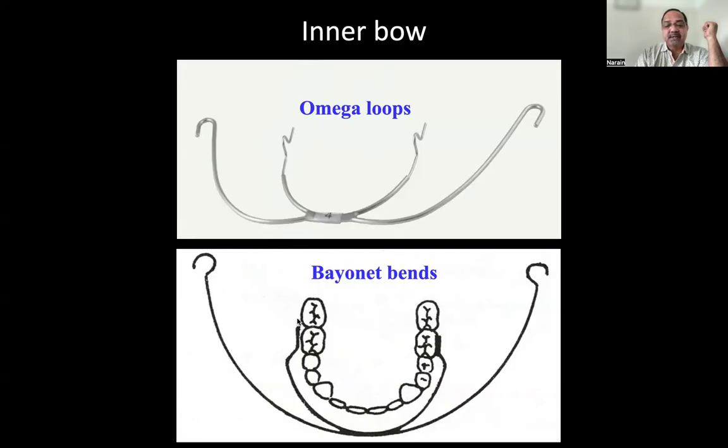So these will prevent the inner bow from slipping through the headgear tube and injuring the soft tissues. So it is always compulsory that you give a stopper just mesial to the headgear tube.